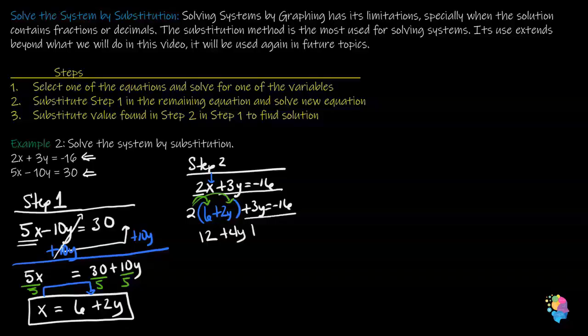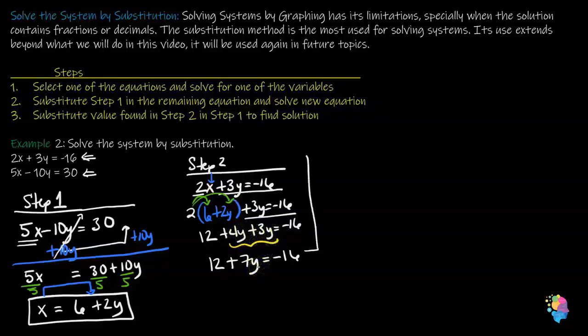Bring down the rest. So it says plus 3y is equal to negative 16. There are no fractions, but there are like terms. So this will give me 12 plus 7y is equal to minus 16, because 4y plus 3y, we add the coefficients and bring down the variables.